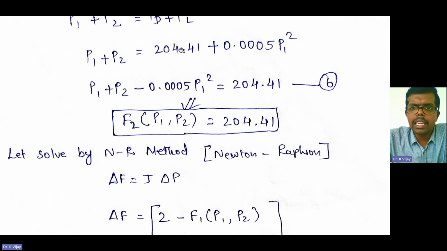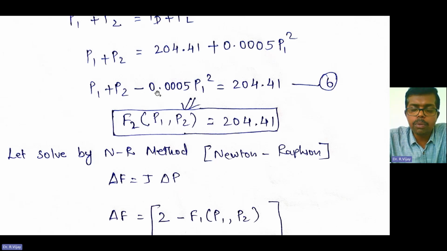Simplifying this equation, we'll get P1 plus P2 minus 0.0005 P1 squared is equal to 204.41. Take this as equation number 6. This is nothing but F2, the function of P1 comma P2 is equal to 204.41.